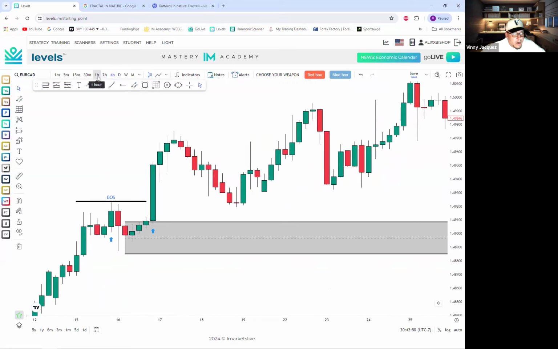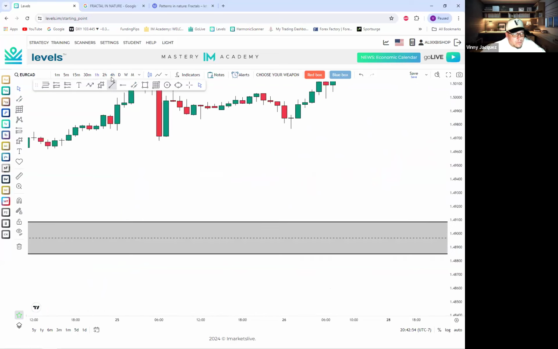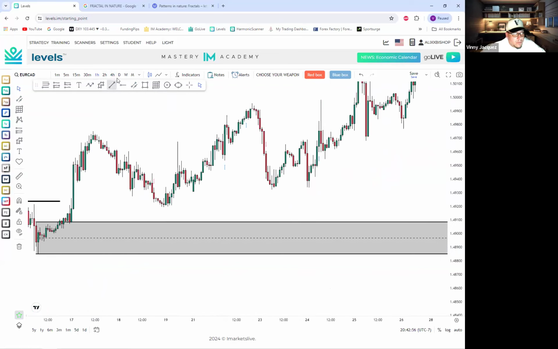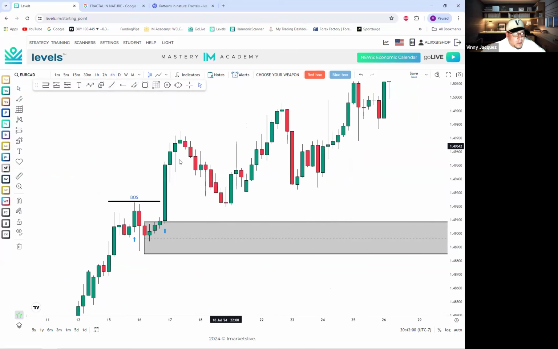Now let's take a look. Let's drop down on the 1-hour time frame. Let's actually go back up real quick. So I know that this right here is the higher high, and market is starting to drop down and create a lower low. So let's go ahead and draw this out.